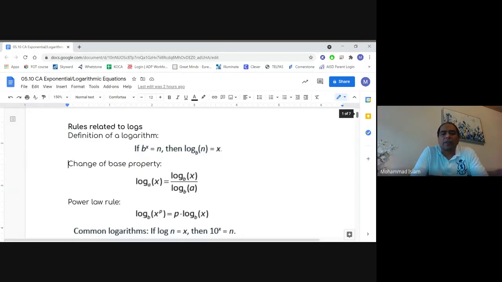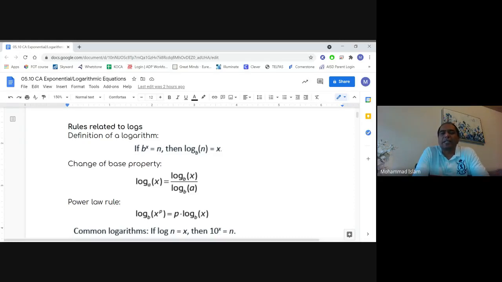So first is the definition of a log. If you see here, we have an exponential term. B is the base, x is the exponent or power, and that is equal to something, n. Then we can change that into a log. The same relationship expressed as a logarithmic equation looks like log with a base b of n will be equal to x.